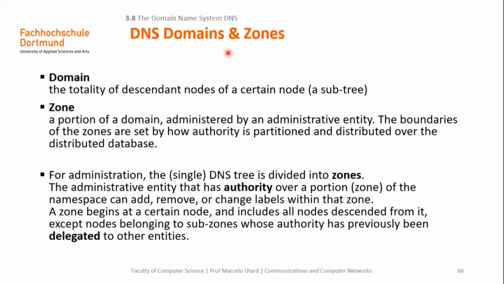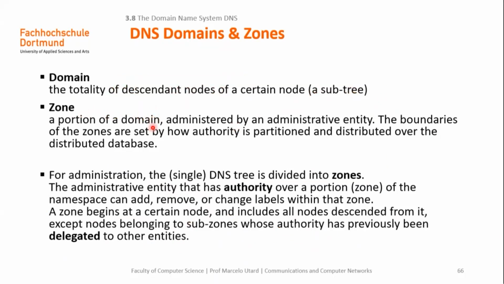Then the difference between the concept of the domain and the concept of zones. A domain, in fact, is the totality of descendant nodes of a certain node. That is a subtree. That is the concept of domain. But a zone is not a domain. A zone is a portion of a domain administered by an administrative entity.